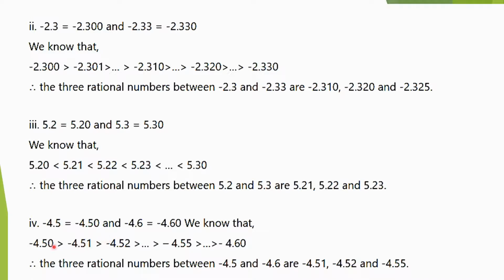So minus 4.50 greater than minus 4.51 greater than minus 4.52 and so on greater than minus 4.55 greater than minus 4.60. Therefore, the three rational numbers between minus 4.5 and minus 4.6 are minus 4.51, minus 4.52 and minus 4.55.